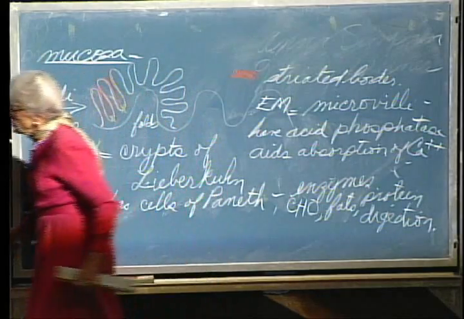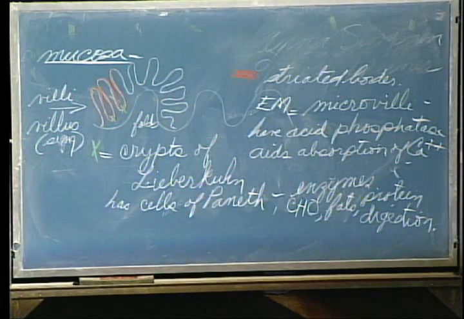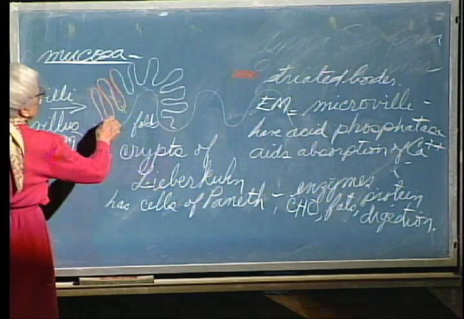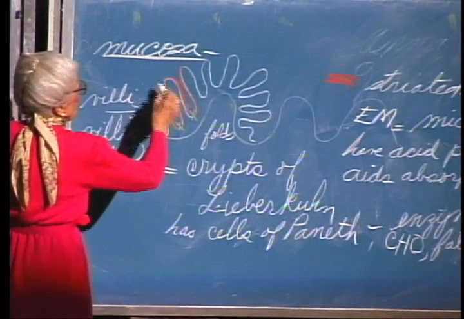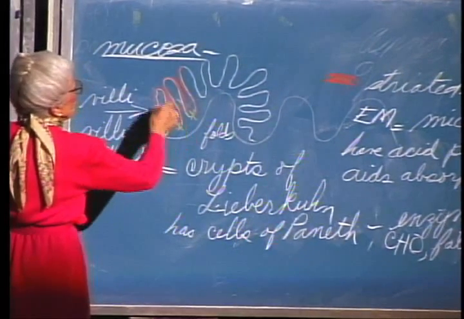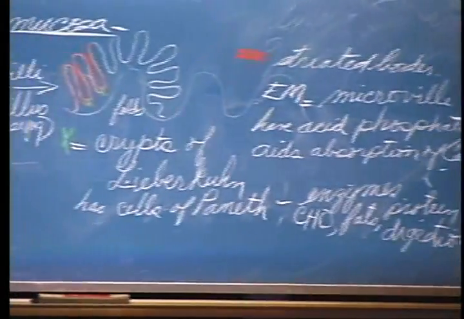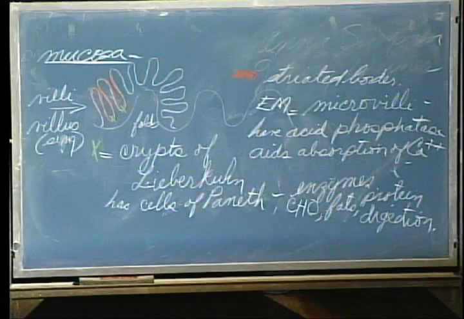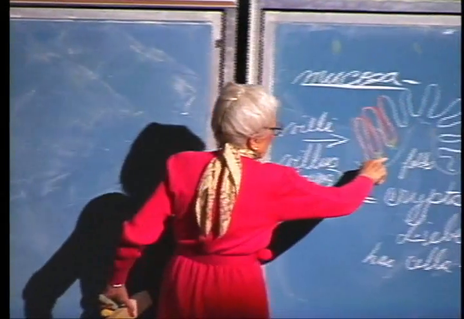What else is important about the crypts of Lieberkühn? That the cells that line the villi are being produced at the crypts of Lieberkühn, sort of like a conveyor belt, being produced in the crypts.